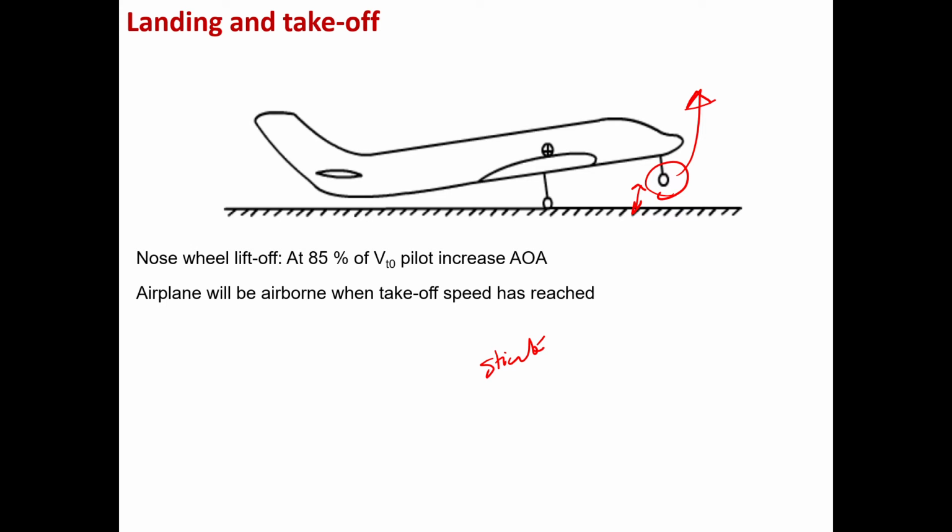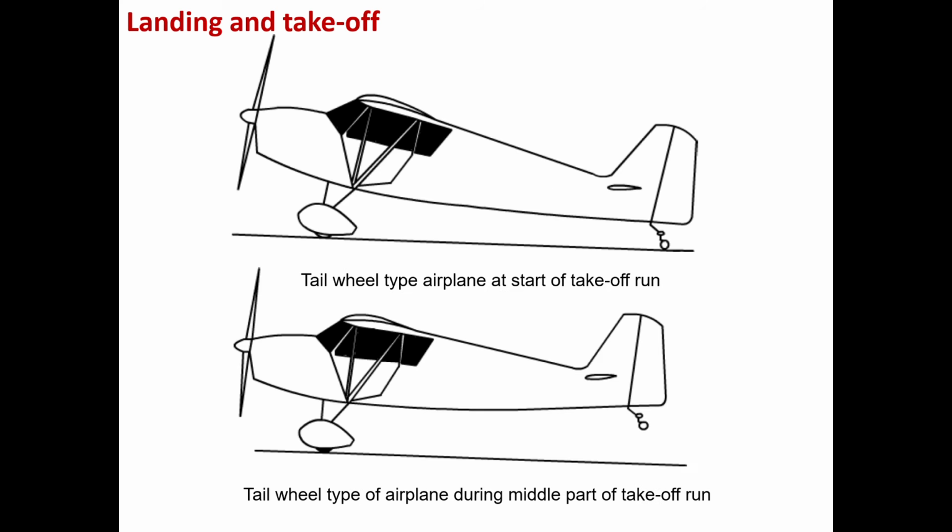The pilot is essentially going to pull the stick a little towards him or herself, and that should happen when the velocity reaches 85% of the initial takeoff velocity, VT0. The airplane will be airborne when you reach the takeoff speed.